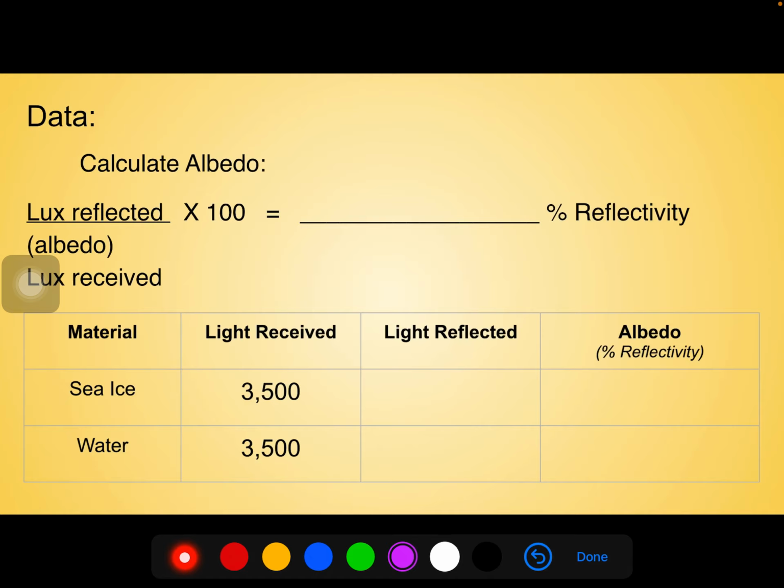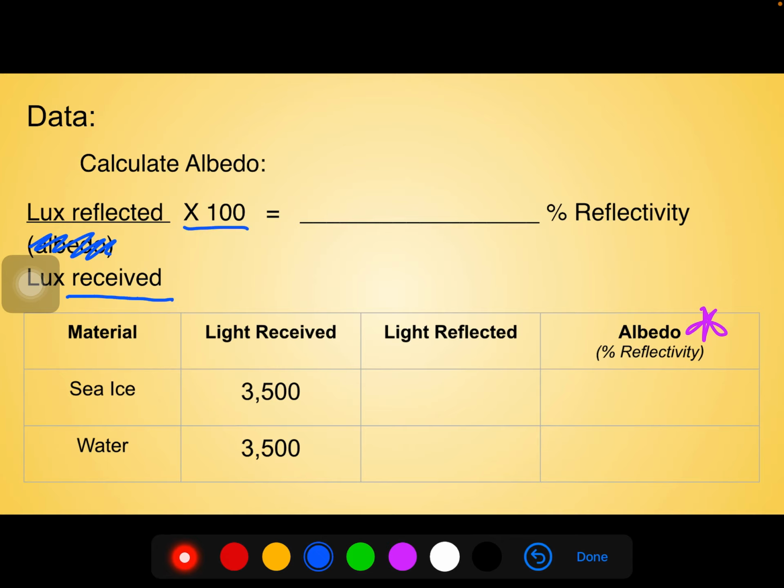So you are going to be doing some data collection here in your part 2, finding some light reflected numbers and calculating for albedo. And it's a simple percent measurement. So what we have to do is take lux reflected, the amount of light reflected, divided by lux received, and simply multiply that by 100.